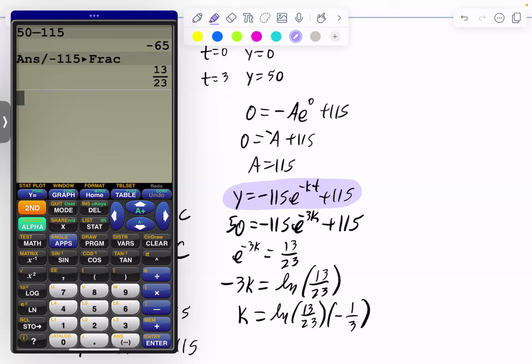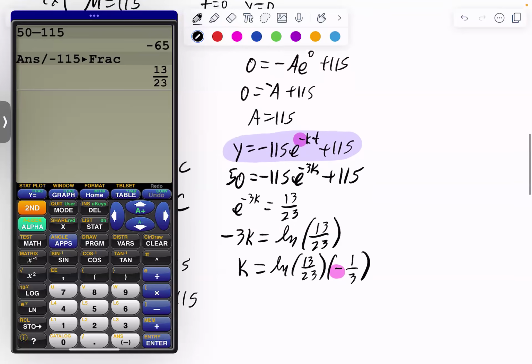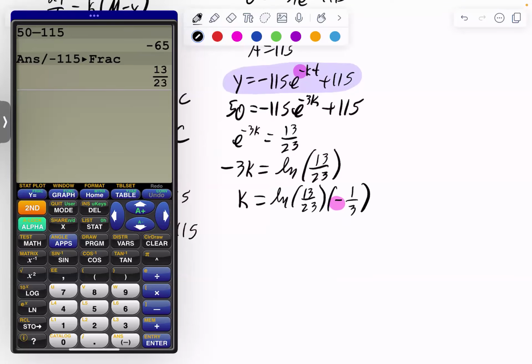Now be careful, and I want to really emphasize this. Negatives, those are going to go away. So it's just going to be a positive up there. And we're going to get a little crazy. This is going to become y equals negative 115 e to the ln of 13 over 23 times 1/3 times t from the original problem.